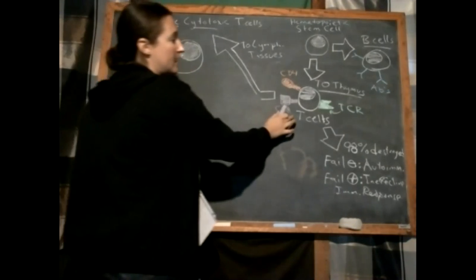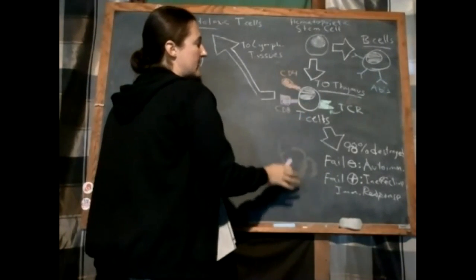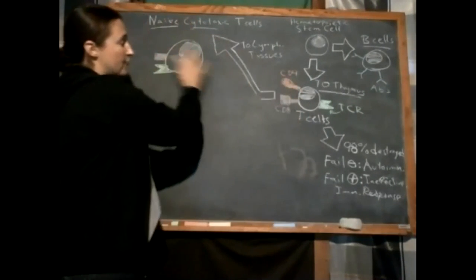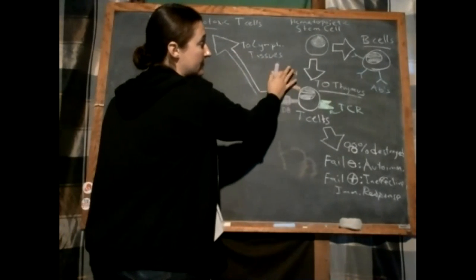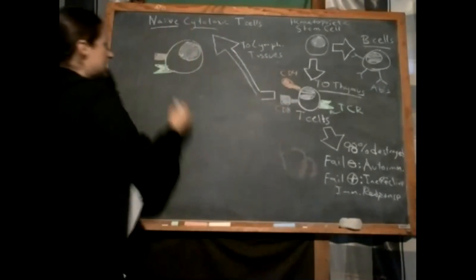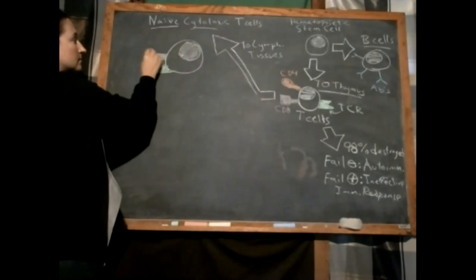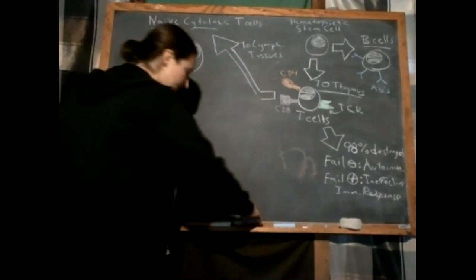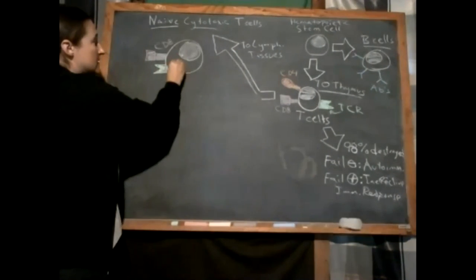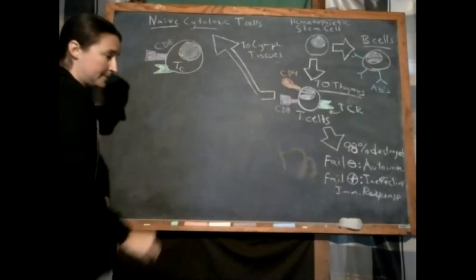Remember way back here in the thymus, they used to have all of these different things. Now, because they have been trained, because they are now more mature, they got rid of the CD4 and remain with the CD8. Okay. So now we can call these cytotoxic T cells.